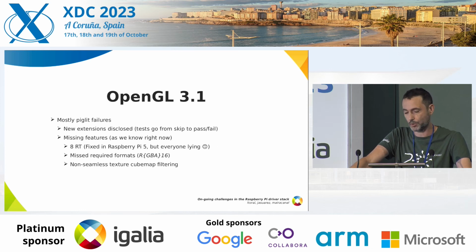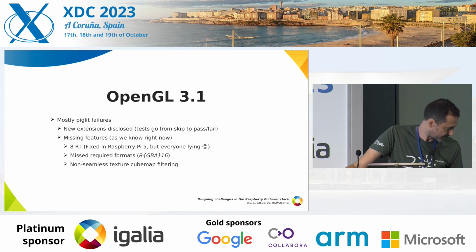So we are not sure if this can be fixed in the Raspberry Pi, but we were thinking about maybe trying some kind of lowering to convert cube maps to array of textures. I'm not sure if Zink is doing something similar. I guess so. So it's something that we need to explore to solve this problem. So that's the situation. So now, Maira.